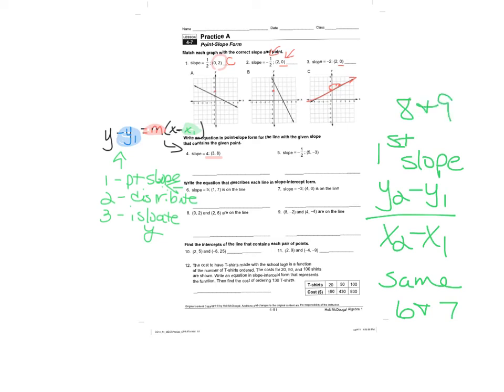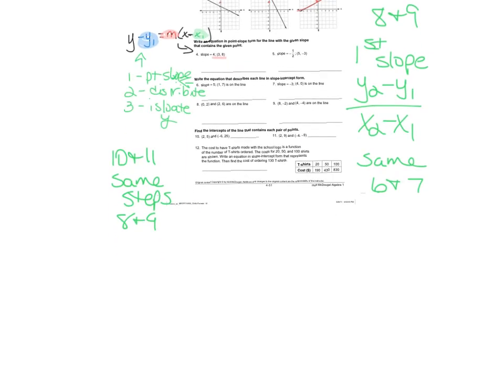For 10 and 11, we're going to do the same thing we did for 8 and 9. Then the next step, to find the intercepts, is to plug in zeros.